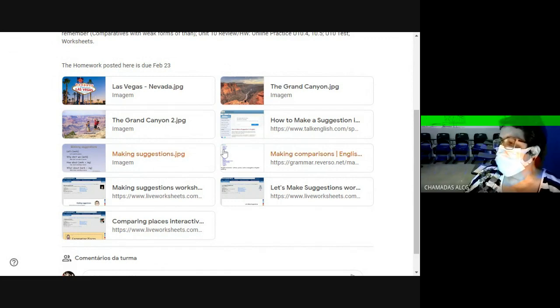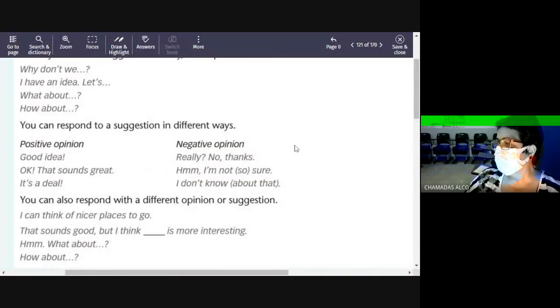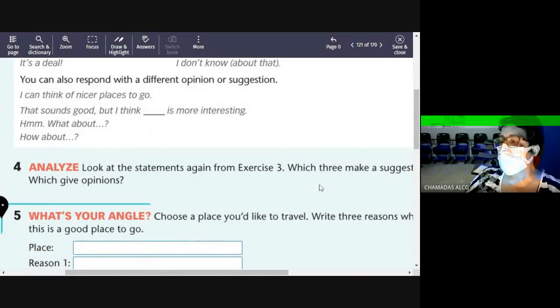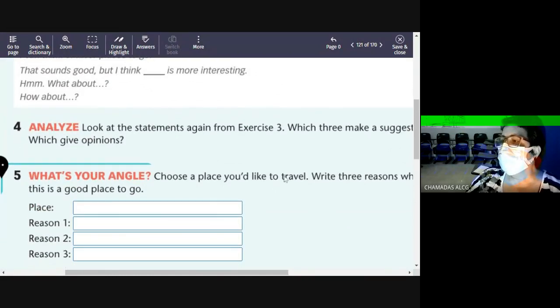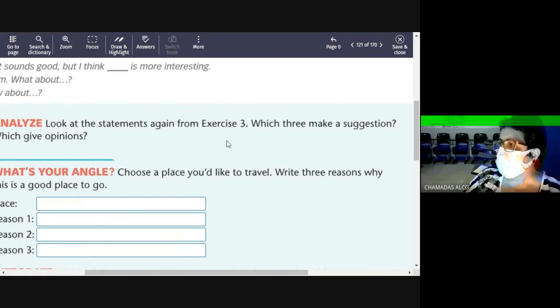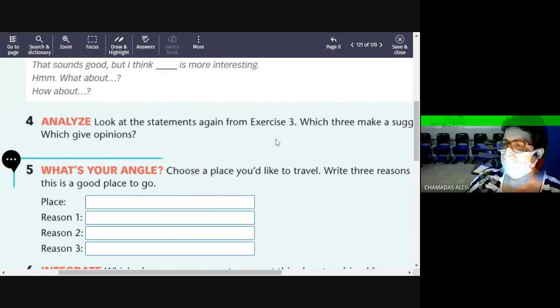So let's go back to our book and let's practice a little bit. Look at the statements again from exercise number 3. Which 3 make a suggestion and which give opinions?